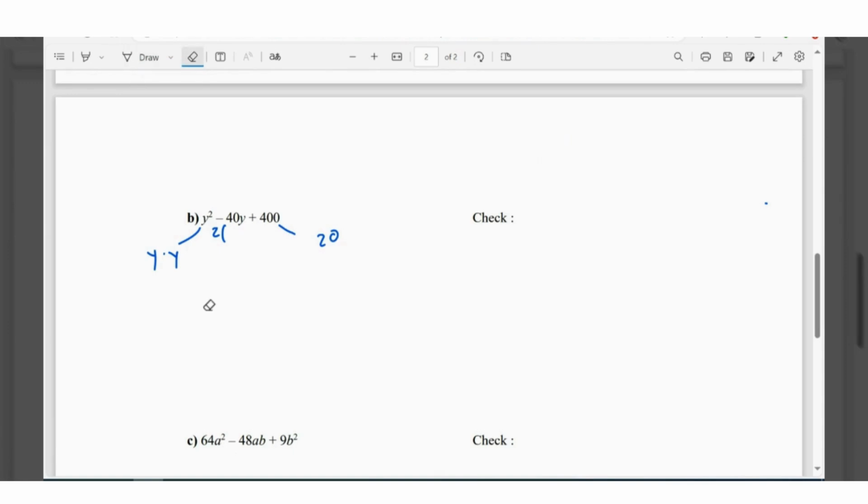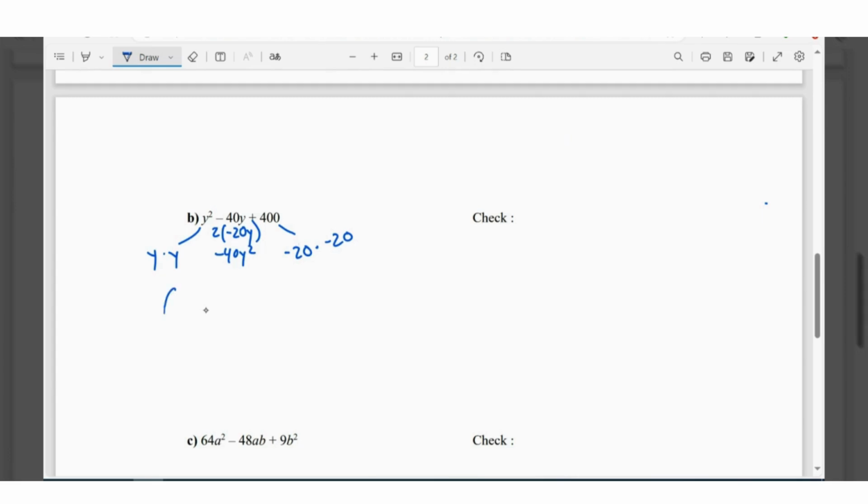Negative 20 times negative 20 still equals a positive 400. So is it true that 2 times negative 20y is going to give us negative 40y? Yes, it is true. And so let's pair these two up.